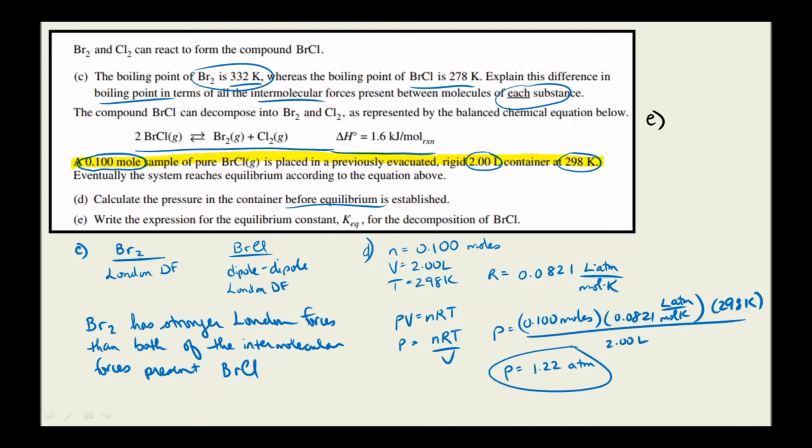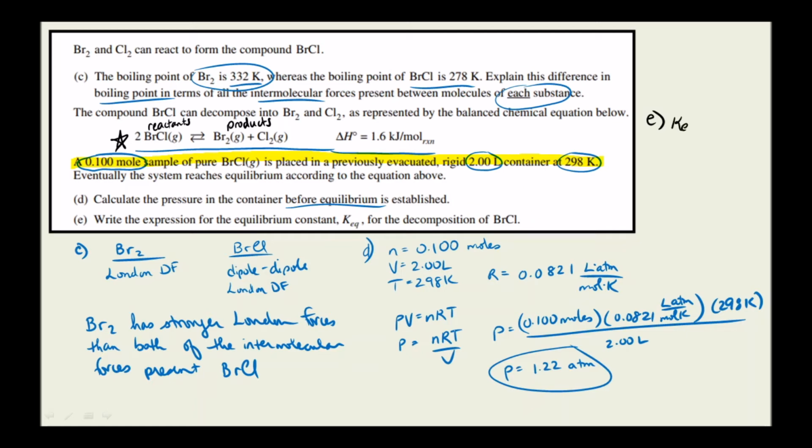So part E we'll do up here. Write the expression for the equilibrium constant, KEQ, for the decomposition of BrCl. So we have the decomposition balanced equation up here. So we know on this left side we'll consider these the reactants, and on the right side we'll consider these the products, because we start with bromine monochloride and it decomposes into the products. So the equilibrium constant, on the equations page we're given a concentration-based and a pressure-based equilibrium constant equations.